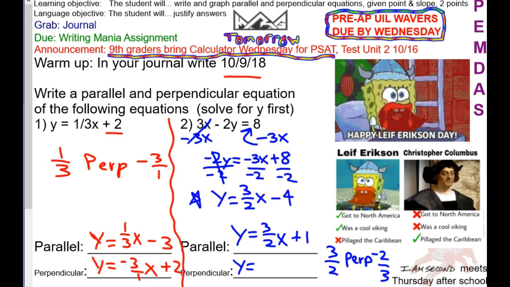Y equals -2 over 3x, and then you can use the original -4 if you want. You can use +1. It does not matter. Any number. Actually, it could just be any number. So for perpendicular, yeah, as long as that slope is the opposite reciprocal.